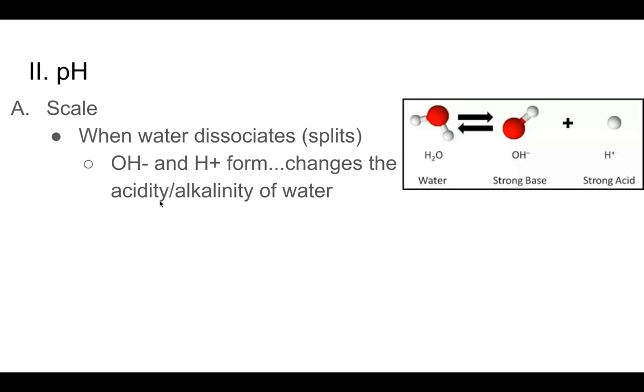So I've written here that the hydroxide and the hydrogen ions that are formed when water breaks apart change the acidity and alkalinity, that is the basic end of the pH scale, of the water or of the solution. And so pH is actually a measure of the number of specifically hydrogen ions that exist in a solution at any given time.